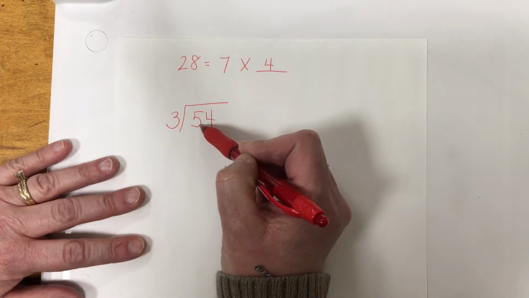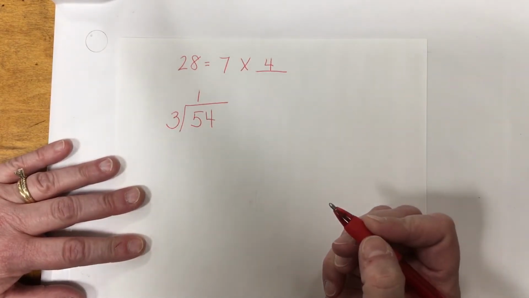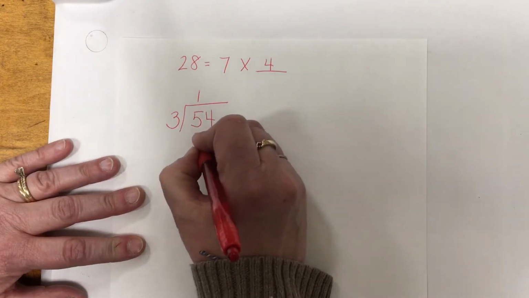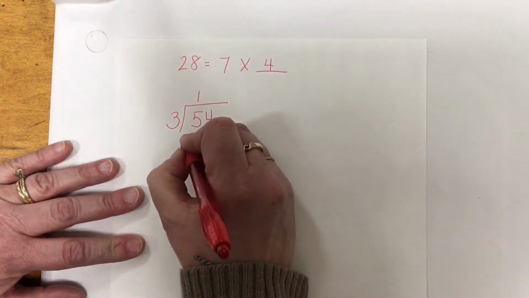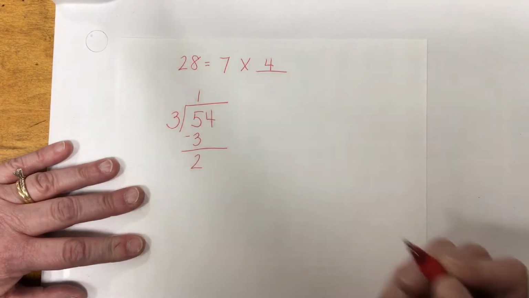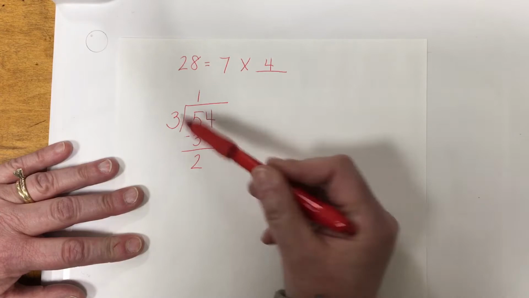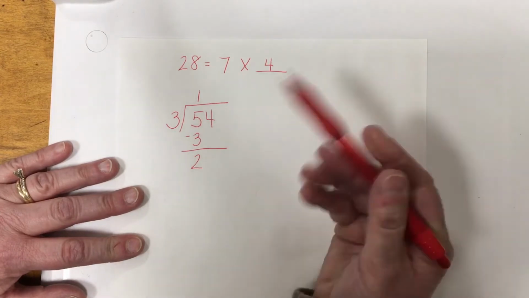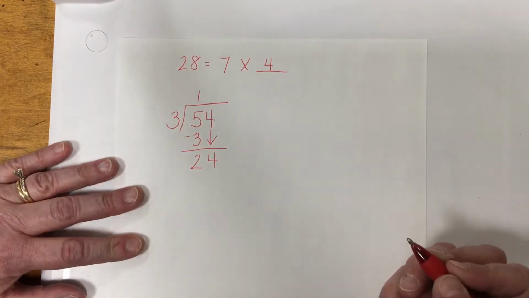3 goes into 5 one time. 1 times 3 is 3. 5 minus 3 is 2. Is 2 less than 3? Yes. So let's bring down that 4 and start again.